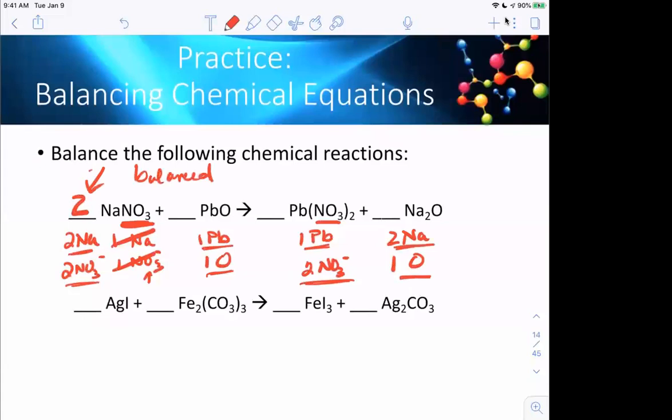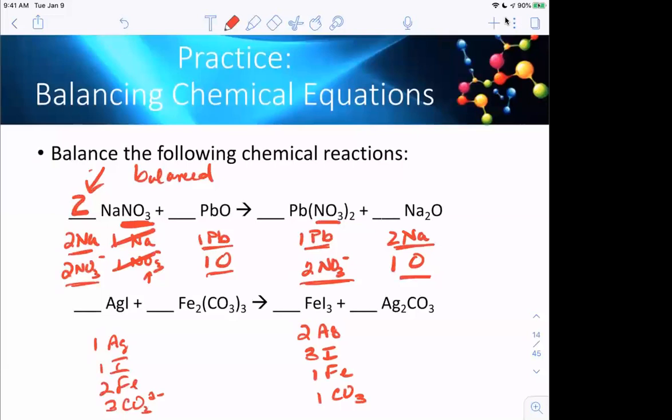Let's do the second one. I have 1 silver, 1 iodine, I have 2 irons, and I have 3 carbonates. I have 2 silver, I have 3 iodine, I have 1 iron, and I have 1 carbonate. So what is a quick fix?